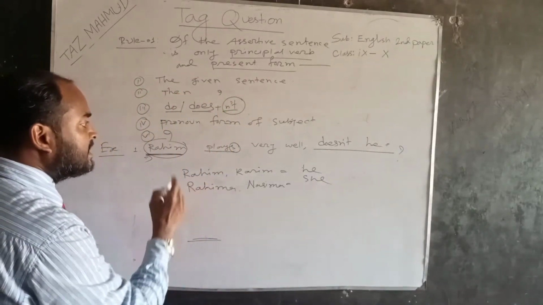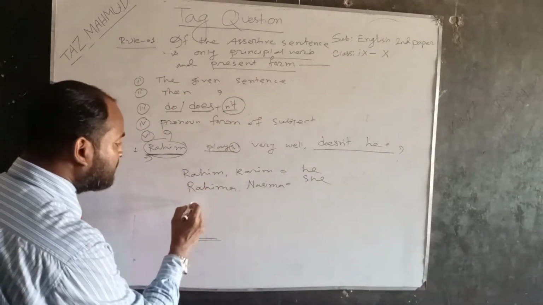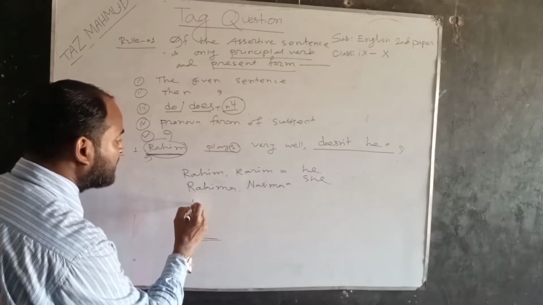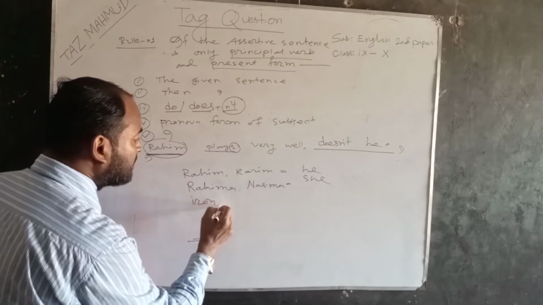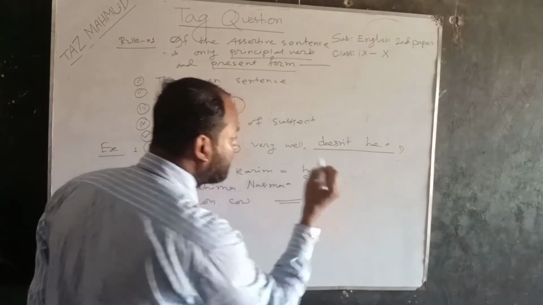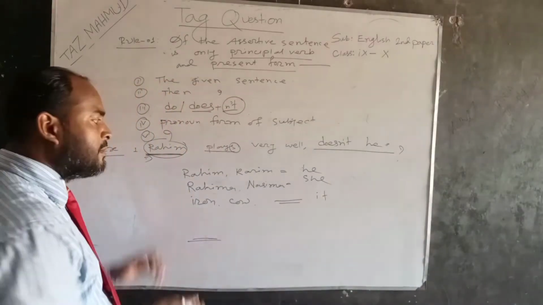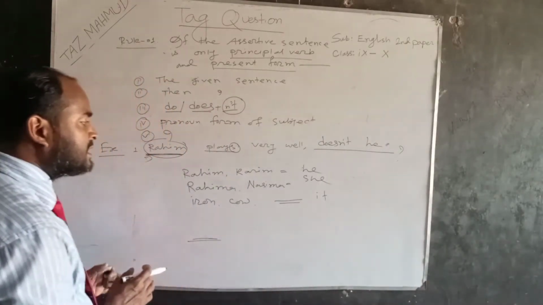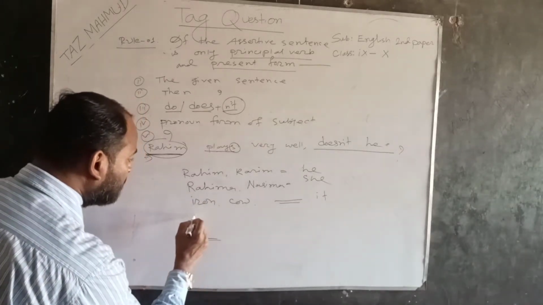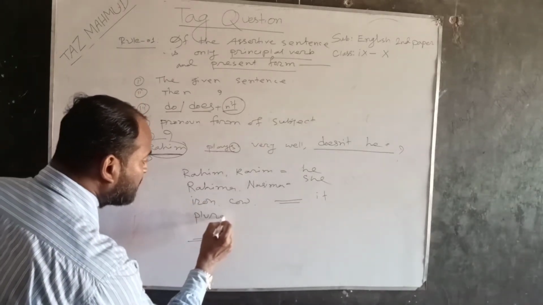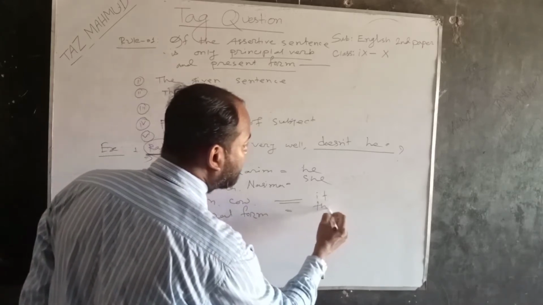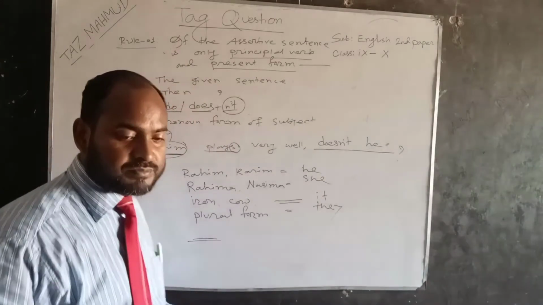But if the subject is a material subject such as iron, cow, we shall use the pronoun it. But in both cases, for plural form, personal or any kind of thing, we shall use the pronoun form they.